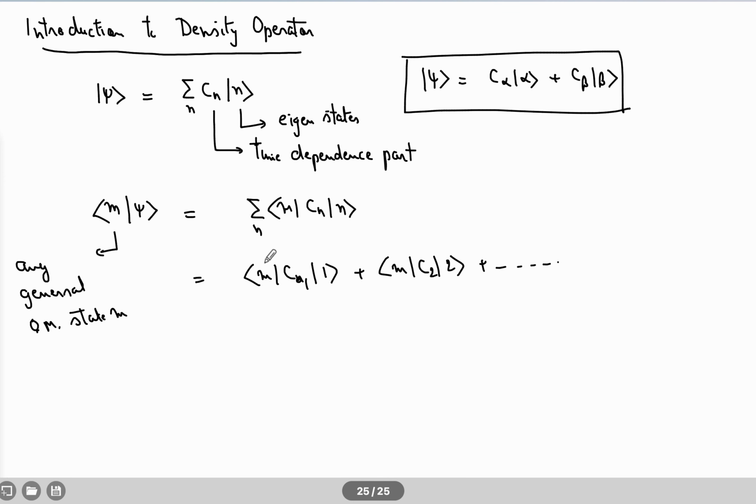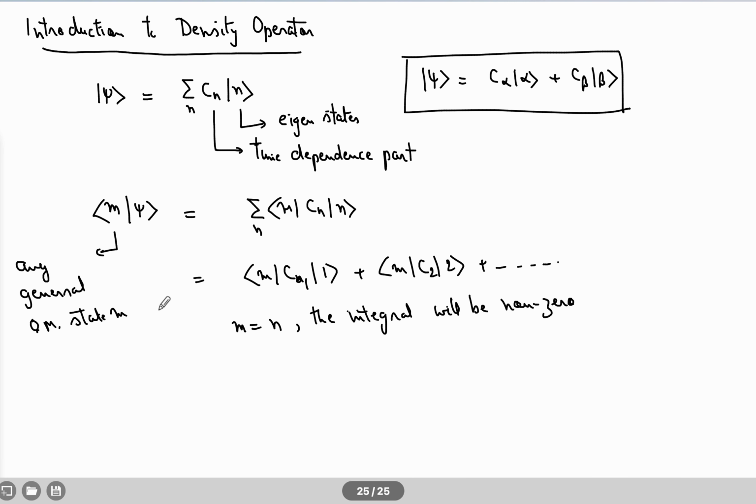Now all these states, state 1, state 2, state 3, up to state m and state n, are orthonormal, and only when m is equal to n will the integral be non-zero, right? In all other cases, because these are orthogonal, the integral will go to 0.